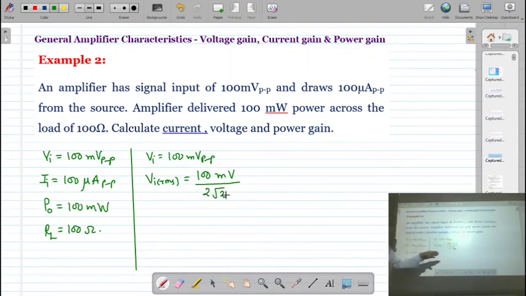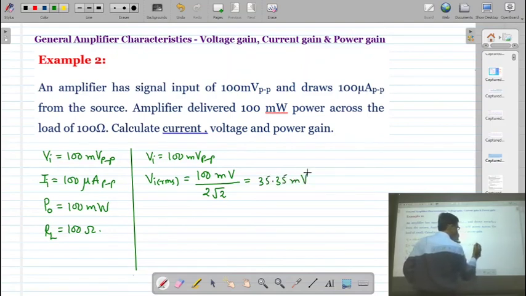When you divide by 2, it will be converted into peak, and when you divide by √2, it will be converted into RMS. So this VI RMS comes out to be 35.35 millivolt RMS value. Okay?